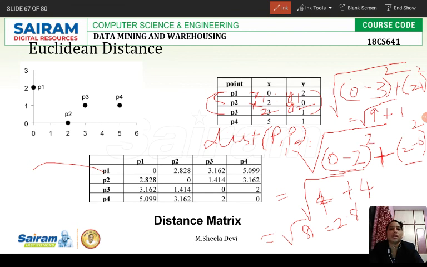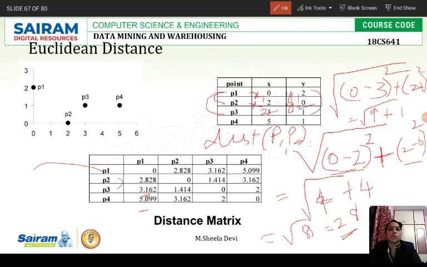So root of 10. P1 comma P3 will be 3.162. Similarly, you have to do for the other values. P1 comma P2 we calculated as 2.8, P1 comma P3 as 3.162, and for P1 comma P4 we will get 5.099. Similarly, we have to do for P2 comma P3 and P2 comma P4.